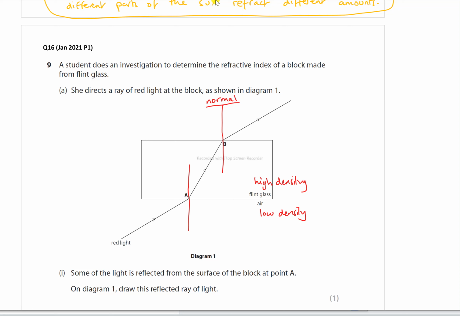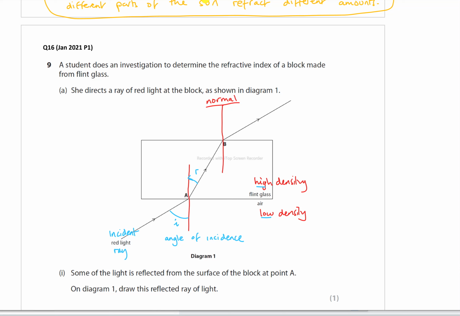Right, so you've got your incident ray. This here is the angle of incidence. Because it's going from low to high, it bends towards the normal. So this is the refracted angle.